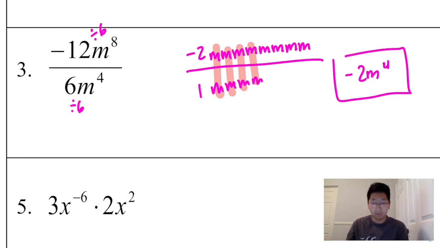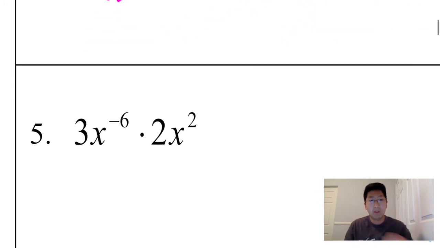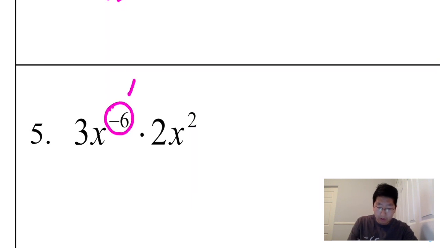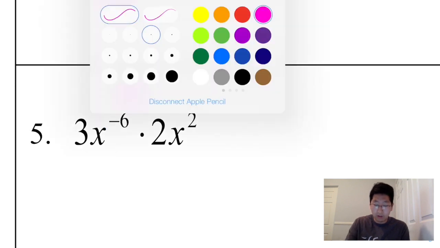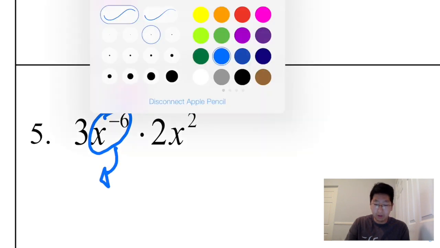That's our answer. Okay, what we're going to do is also look at number 5. Now, remember what this negative exponent means? I talked about a movie theater, right? And it goes to the other side. So this x to the negative 6 is going to go down. Okay?